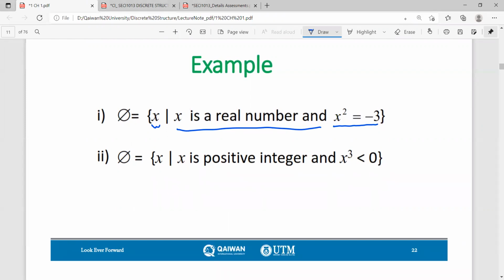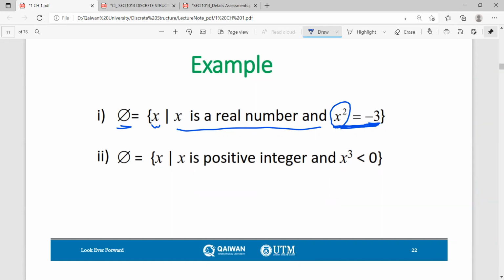In the real numbers, we have no number whose square is a negative number. We have no number to satisfy this inequality in the real numbers. That means this set is an empty set.